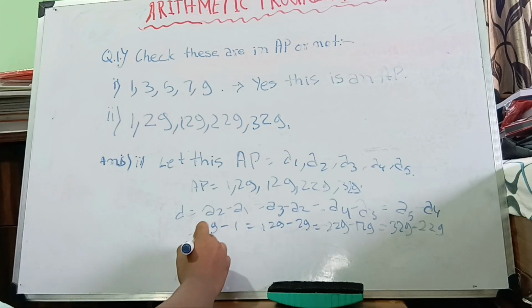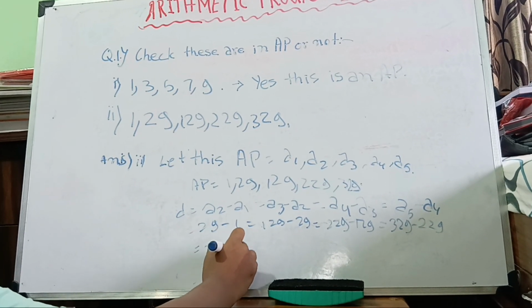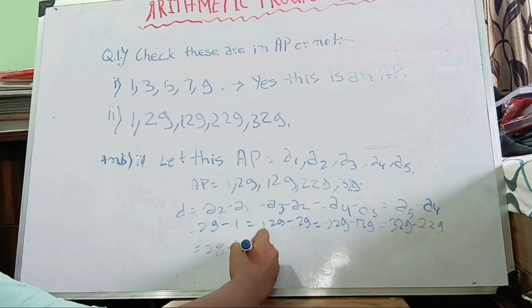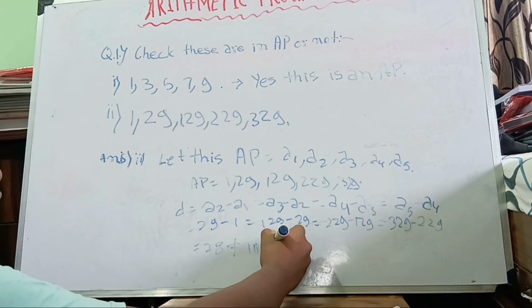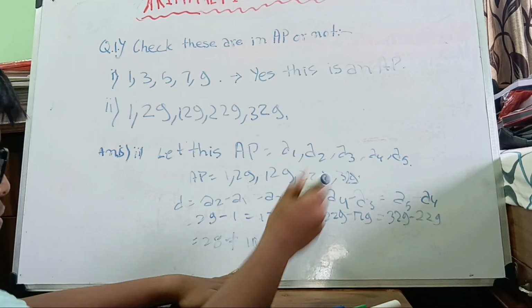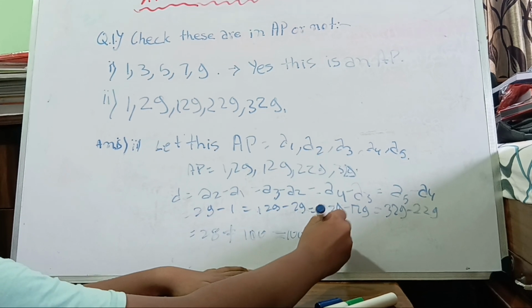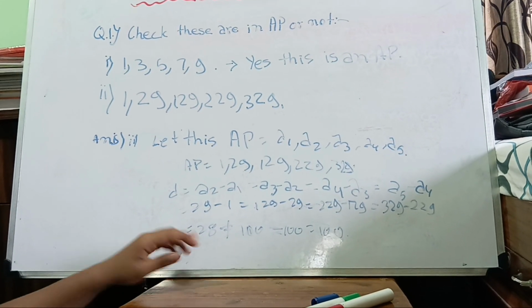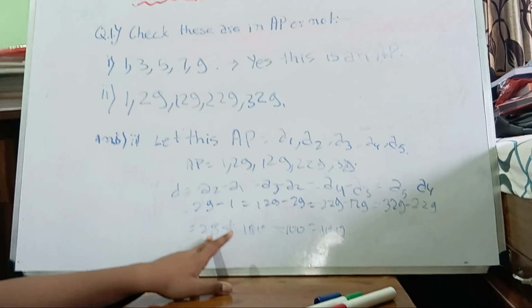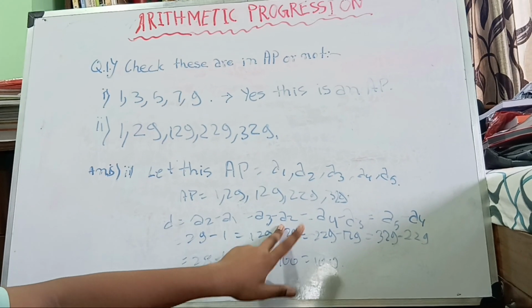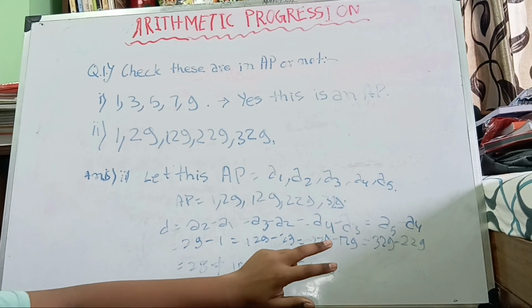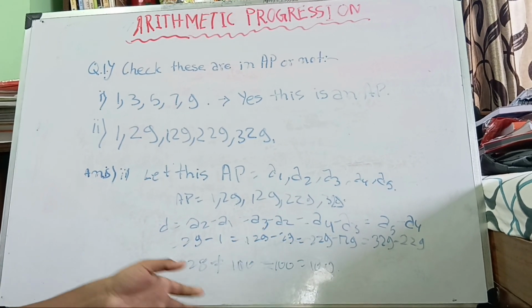That is 28, then 100, 100, 100. This is not an AP because the value of a2 minus a1 does not match with a3 minus a2, which equals a4 minus a3 and a5 minus a4.